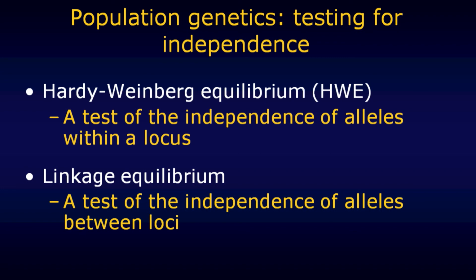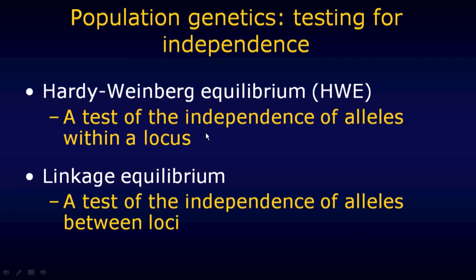And Hardy-Weinberg equilibrium is actually the cornerstone of all of population genetics. There's some fairly elegant but also straightforward math associated with the Hardy-Weinberg equilibrium, but we don't need to get into that for the purposes of this video and what we're trying to do with these DNA profiles. All that we really need to establish is that there is a test that we can use to see if that first assumption is true, that alleles are independent of each other within a locus.